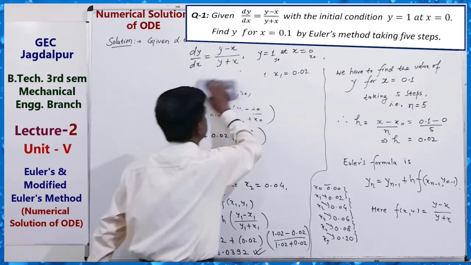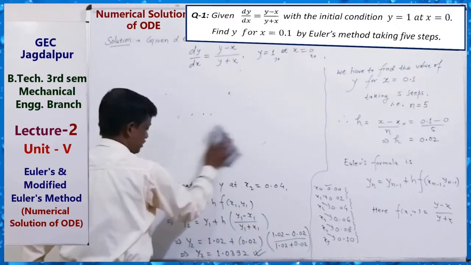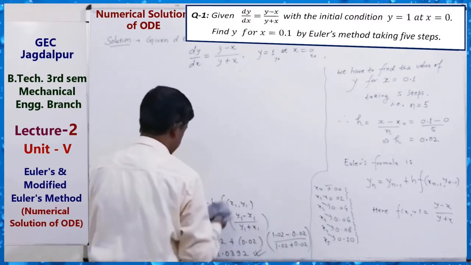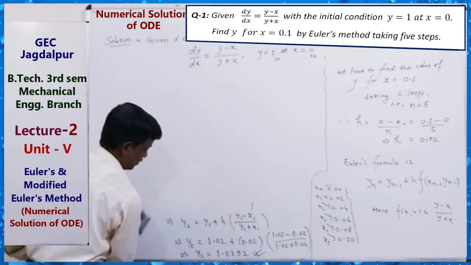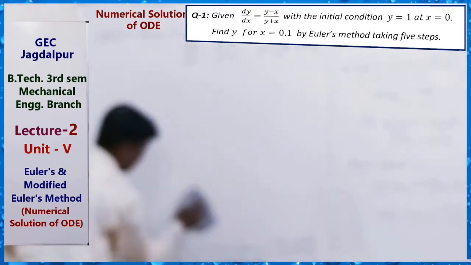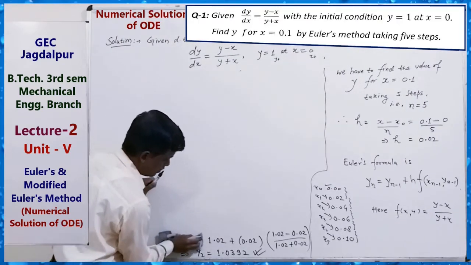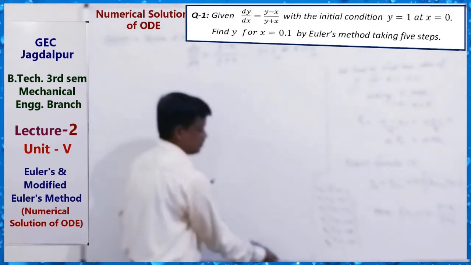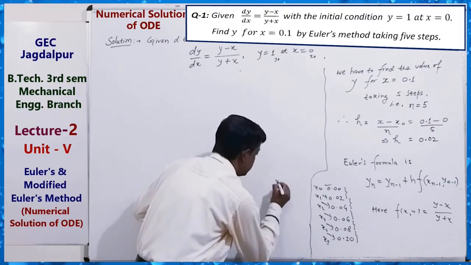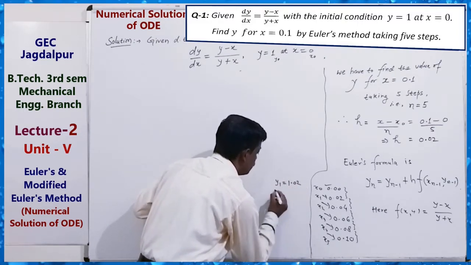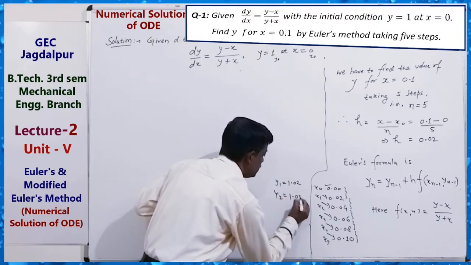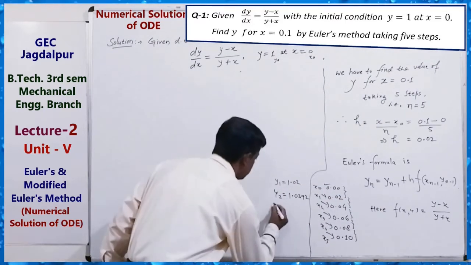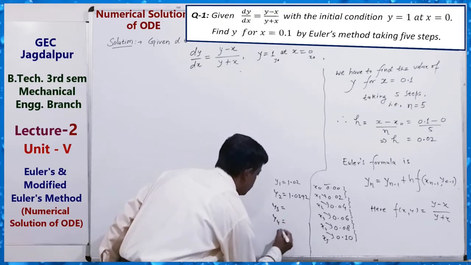Similarly you can write the third and fourth approximations. So in the different stages we get y1 equals 1.02, y2 equals 1.0392. Now we will get y3, y4 and y5.